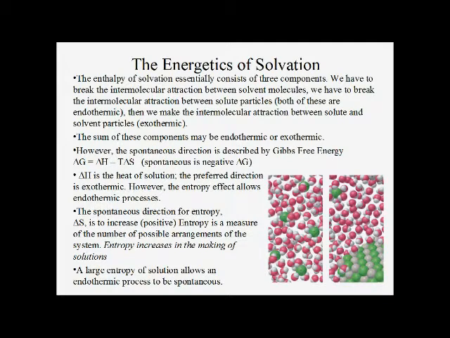So the more possible states there are. So things that appear disordered tend to have a high entropy to them. And things that seem orderly, such as crystals, have a low entropy to them.